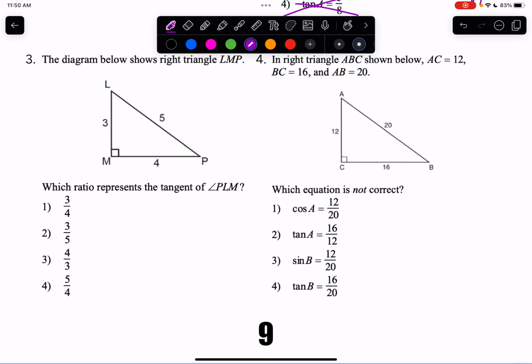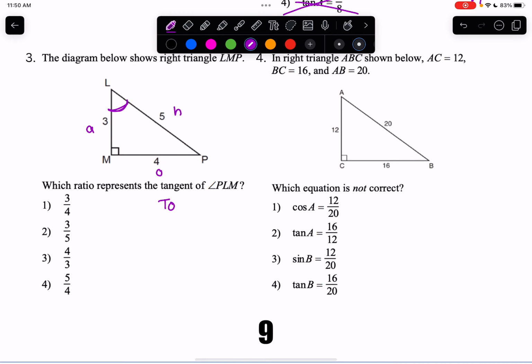So now, again, PLM is this angle right here: opposite, adjacent, hypotenuse. Tangent is TOA, so opposite is 4, adjacent is 3. Now again, they're asking for which one is not correct, so I would start by setting things up.